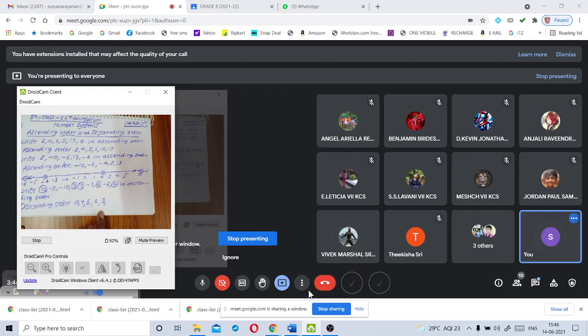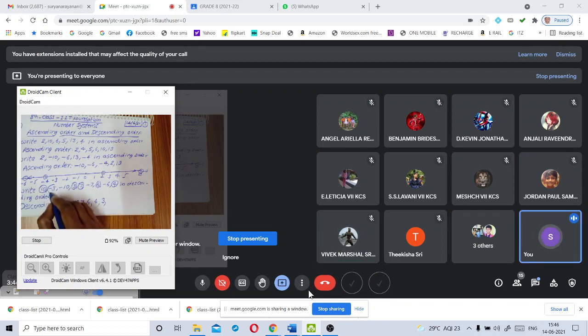Next, which is the bigger number out of the remaining numbers? -10. No, not -10, my dear Vivek. Bigger number, in these negative numbers. Sir, can I tell, sir? -3, sir. -3, very good.